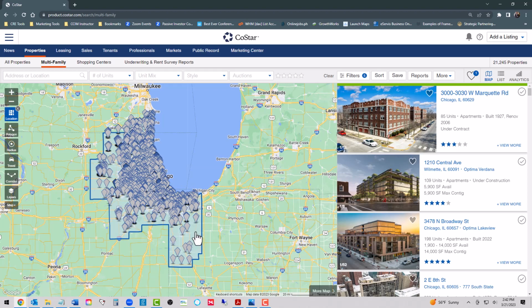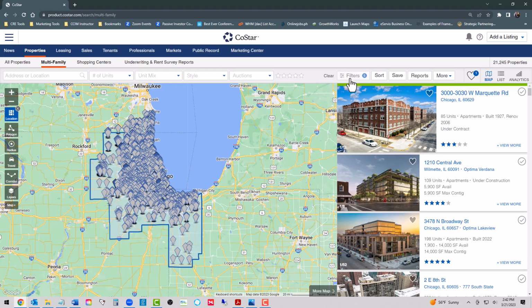And that metro statistical area dips into Indiana as it goes down into Gary and other areas and goes all the way up into the very southern area of the Milwaukee area, encompassing the very southern part of the Milwaukee metro statistical area. So this gives you an idea of where this is located.